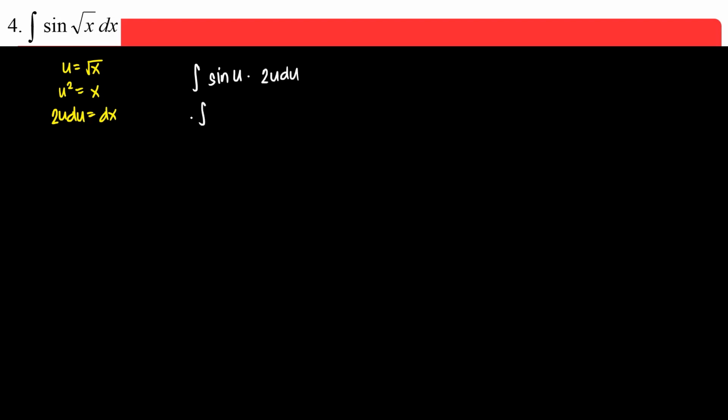So when we rewrite that, 2u sine u du, just by the form itself, what is this? This is integration by parts, IBP.